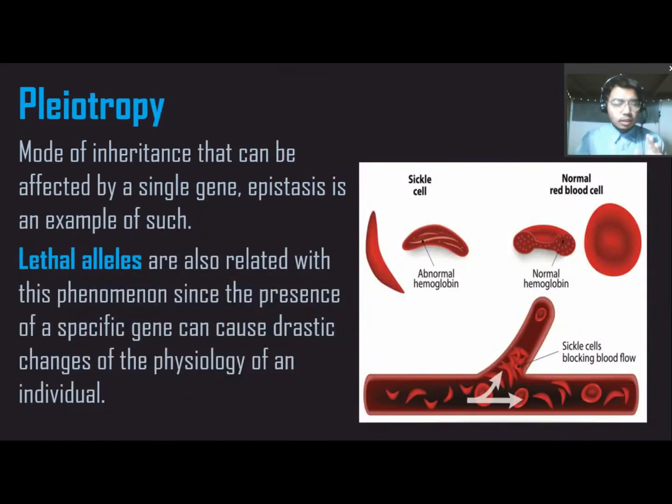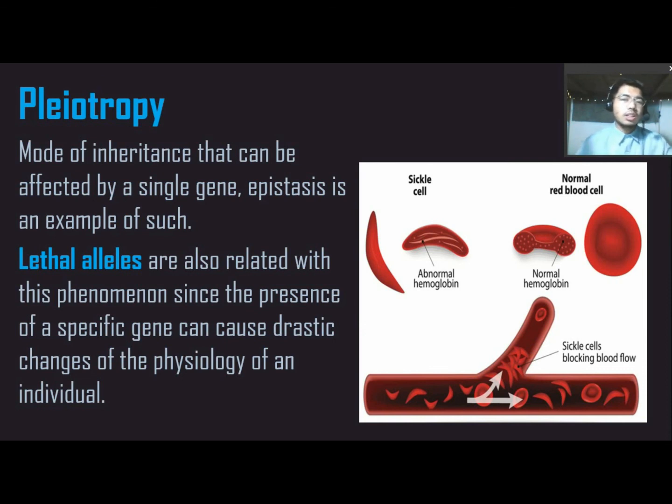Now, after polygenic inheritance, there's also pleiotropy. Pleiotropy is the mode of inheritance that can be affected by a single gene. And epistasis is one of its examples. Okay? And pleiotropy is related with the lethal alleles, which are the reason why some organisms do not reach maturity.